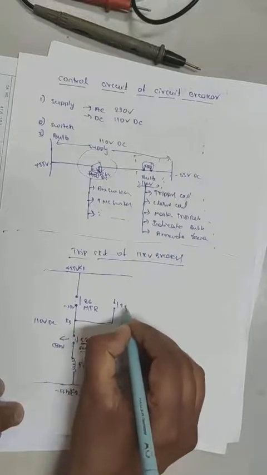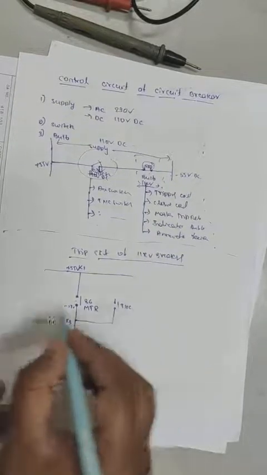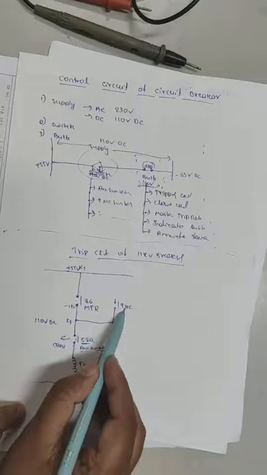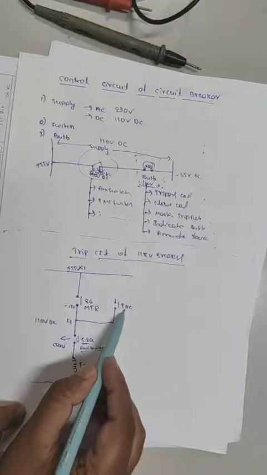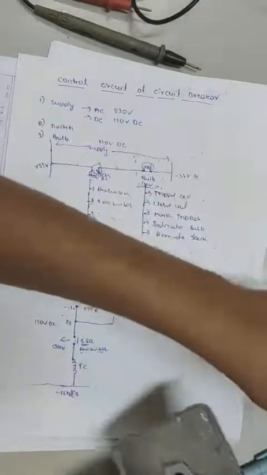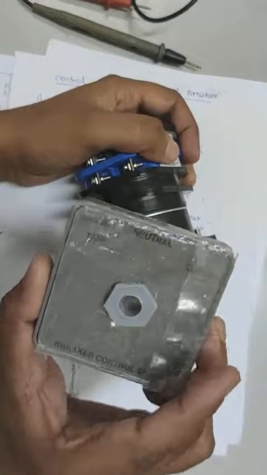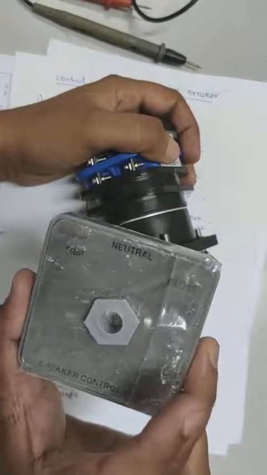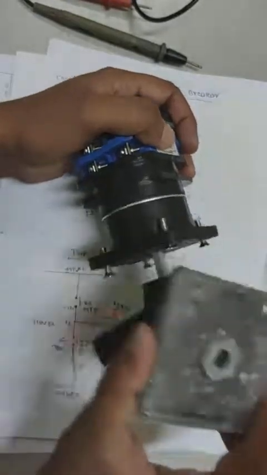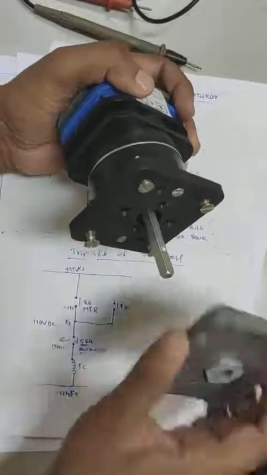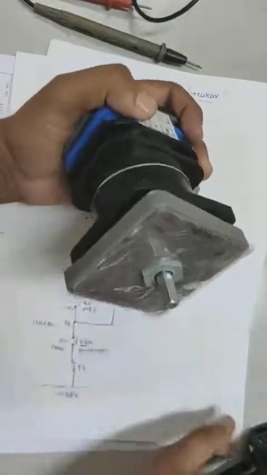So TNC switch means trip, normal, neutral and close. Here we have one TNC switch, you can see, a new one. Here trip, neutral and close, the breaker control switch. So this is used to trip the breaker.